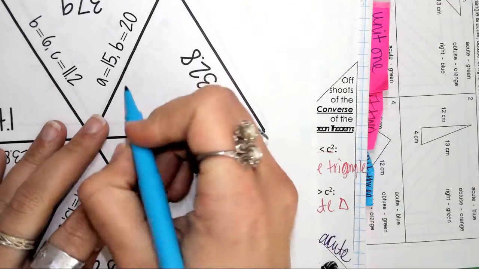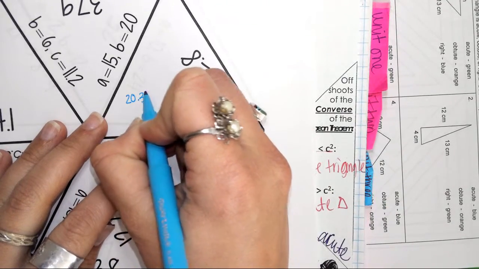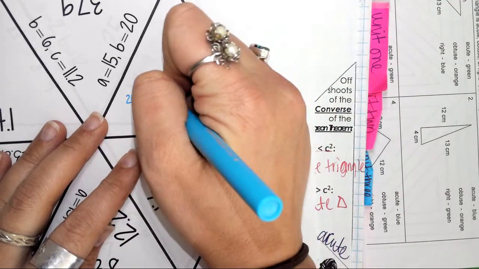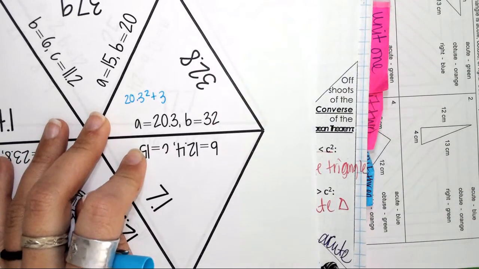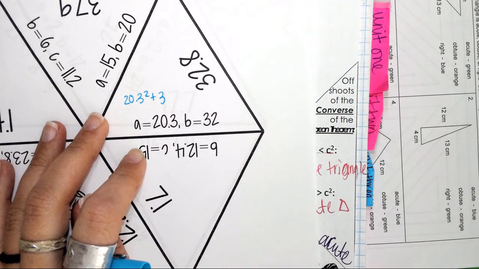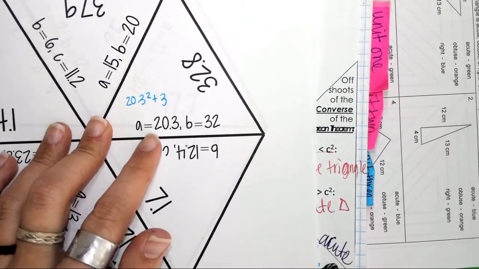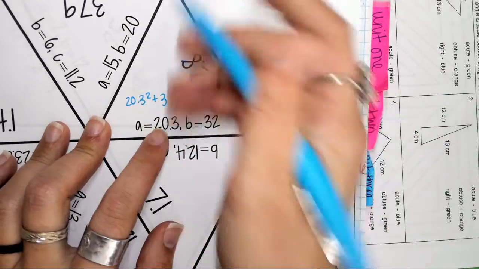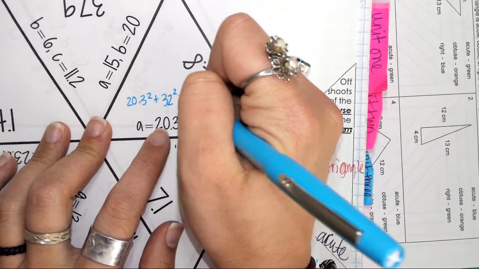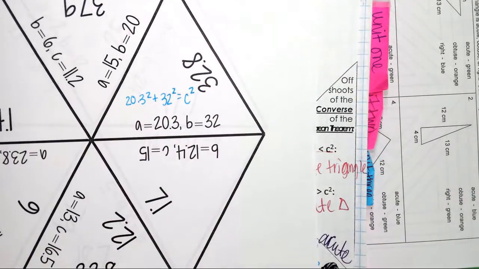So that means we're going to do 20.3 squared plus, from the paper, look for the one that says 32.8, because there are two different pages. Plus 32 squared equals c squared.